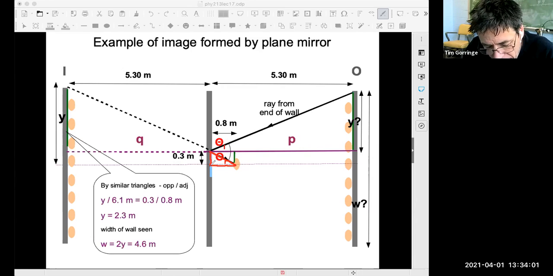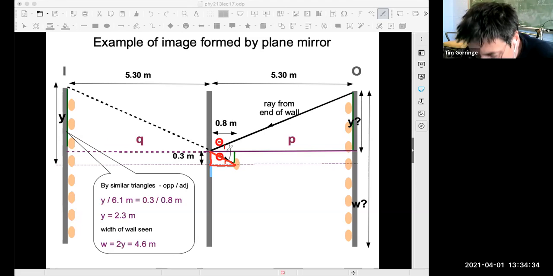In that triangle I know the angle down here, it's the same as the angle of reflection that I pictured here. More importantly, I know the height and the width of that triangle, the vertical and adjacent horizontal sides. They're 0.3 meters, which is half the width of the mirror, and 0.8 meters, the distance of the organist from the center of the mirror.